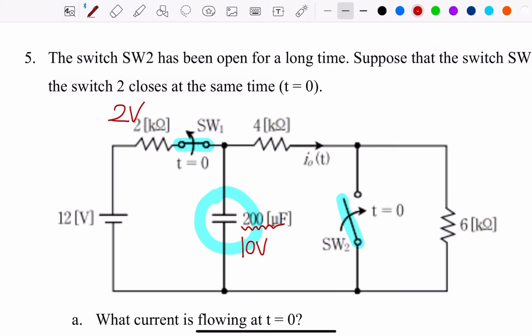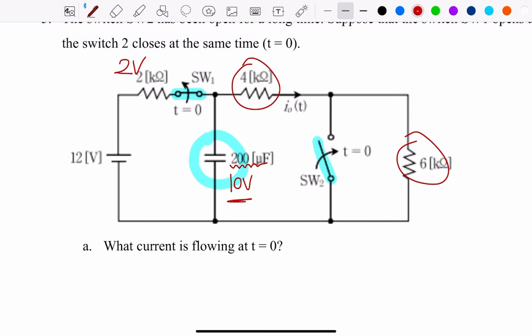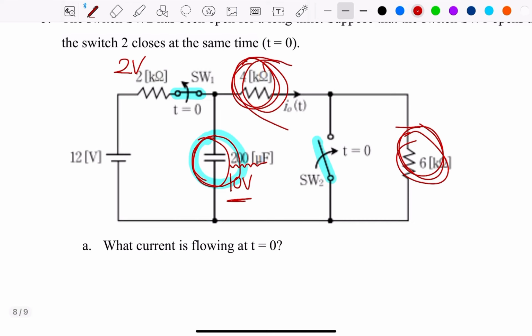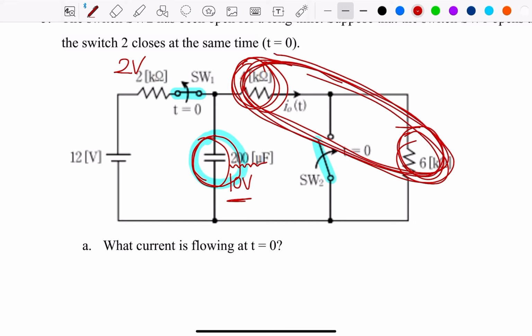By the way, these ones' voltages are actually only from 10 volts, right? Because these two resistors and the capacitor are in parallel, so the voltage sum of these two resistors and the voltage of the capacitor should be the same.